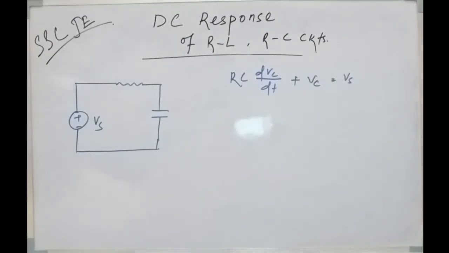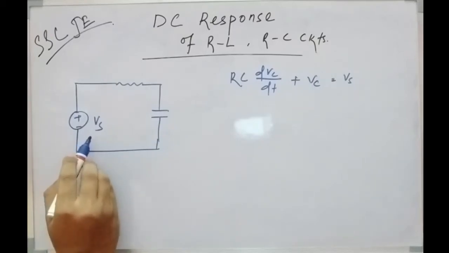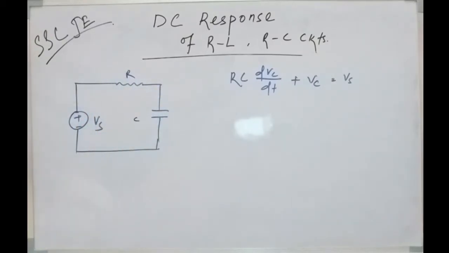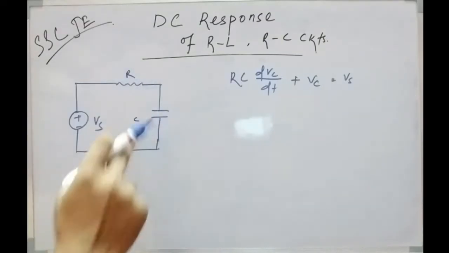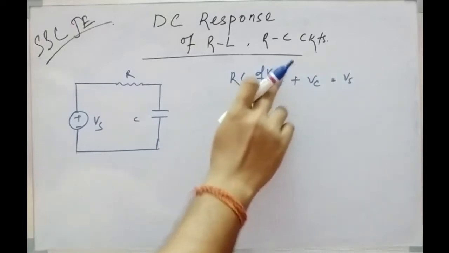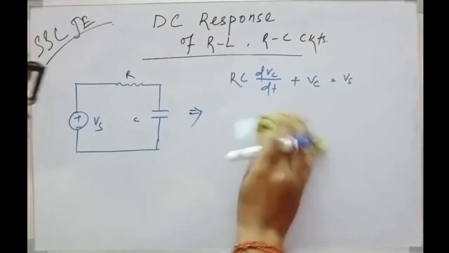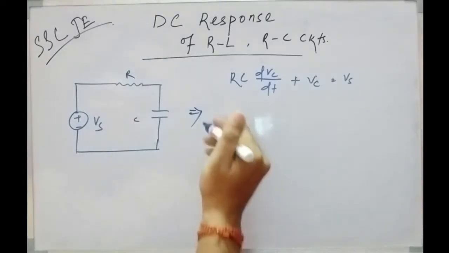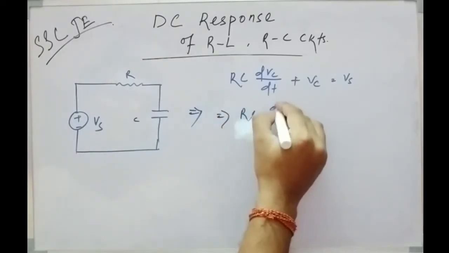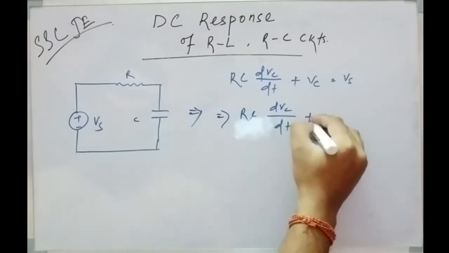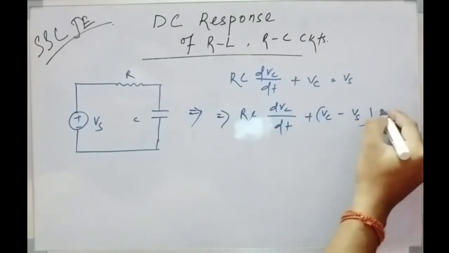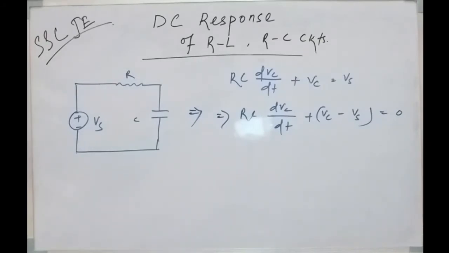In this case we have taken a constant voltage source Vs and the same RC again. We have already got this equation by applying KVL and taking the voltage drops across the components, that is RC dVc by dt plus Vc equals Vs. Let us find the solution for this. We can rearrange this equation as RC dVc by dt plus Vc minus Vs equals 0.